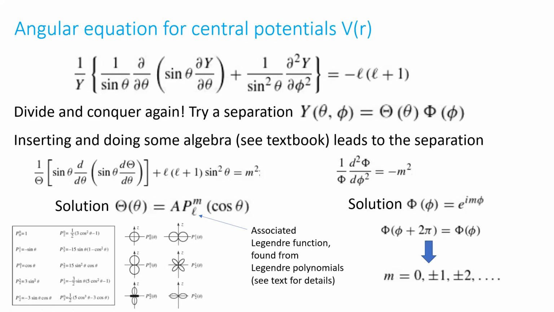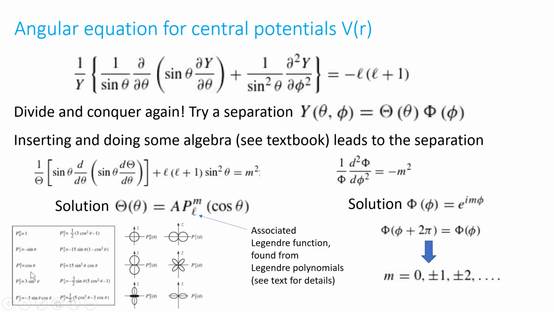So these are some of the functions. P_0^0 of cosine theta is just 1. So the first one is just 1. P_1^1 is minus sine theta.